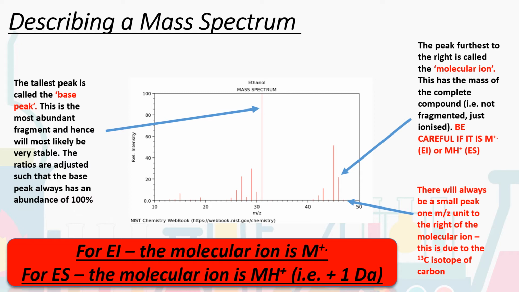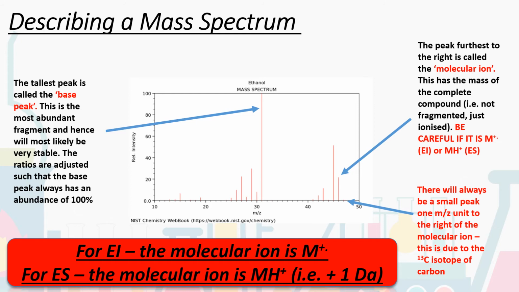If you've done electron impact, where we've fired our electrons from our electron gun to ionize, kick off the electron from our molecule, let's say we started with our molecule being M, we've kicked off our electron, and so our molecular ion is what we call a radical cation, M plus dot. It's a positively charged ion, and because we've lost one electron, it's a radical, so it's M plus dot.